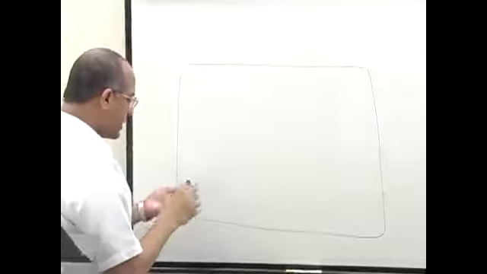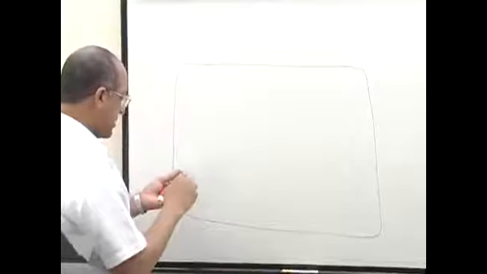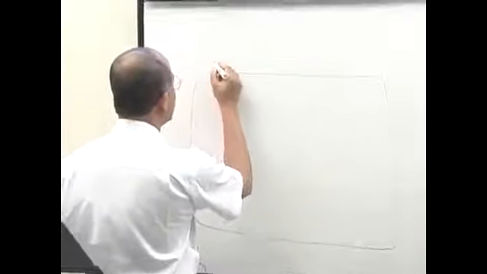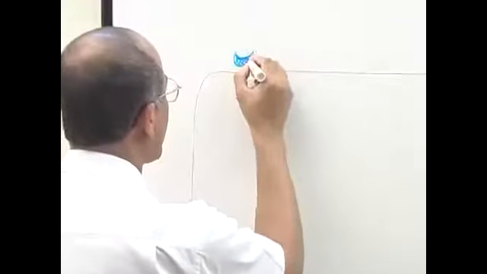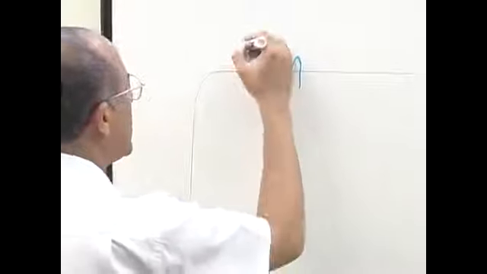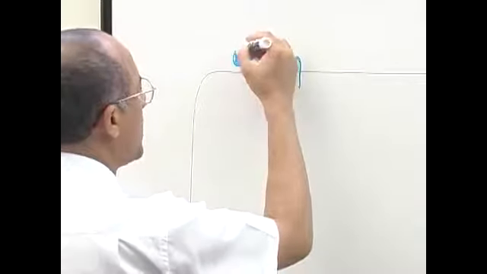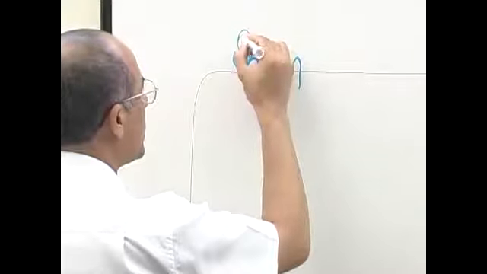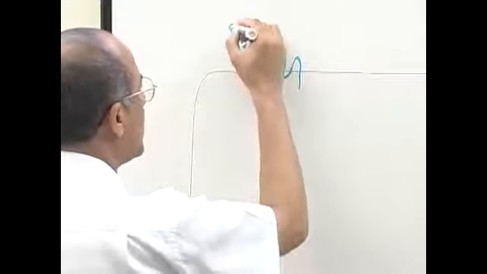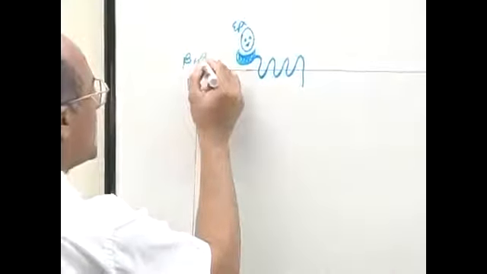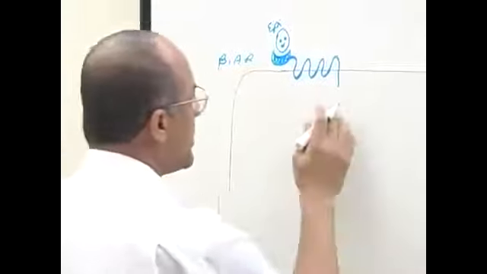Let's suppose this is the beta 1 adrenergic receptor, and epinephrine or norepinephrine binds with it. Let's suppose epinephrine binds here.